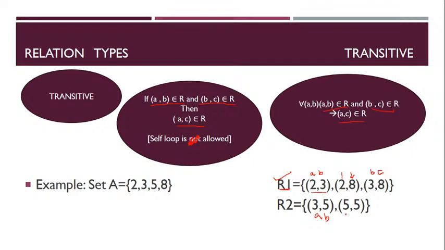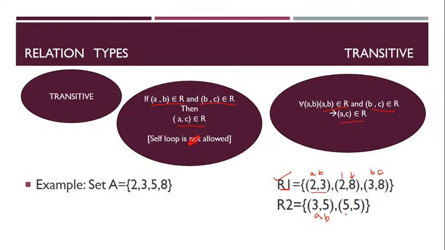If BC is not there, don't search for whether AC is there or not, because there is no question of C coming. So if AB is there and BC is not there, don't expect AC. When to expect something? If you have AB and BC, then you can search whether AC is there or not.